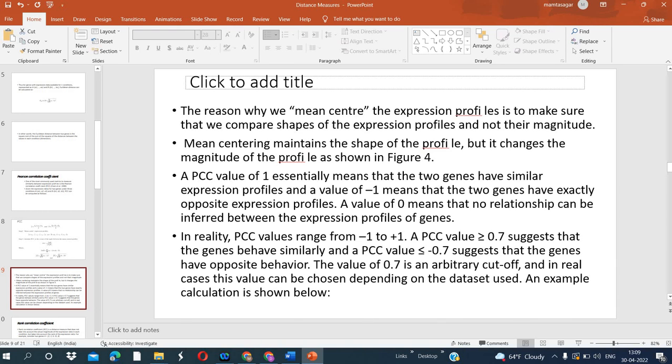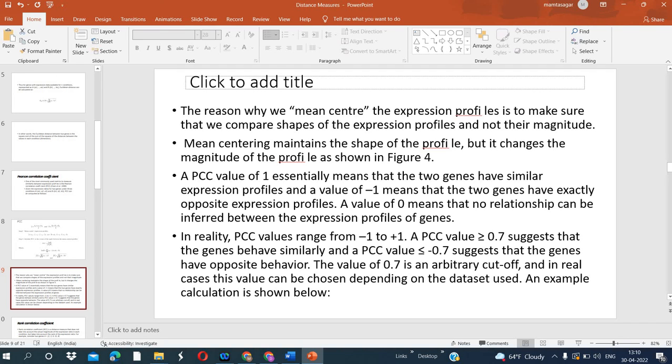In reality, the PCC value ranges from -1 to +1. A PCC value greater than or equal to 0.7 suggests the genes behave similarly, meaning the genes have a similar expression profile. This is the arbitrary value that we have taken as a cutoff.